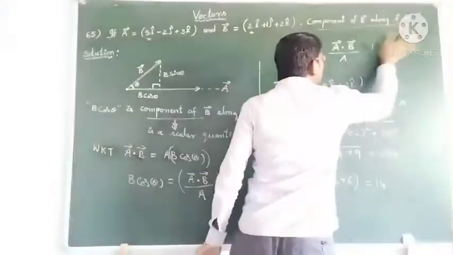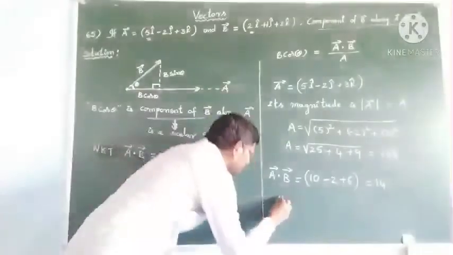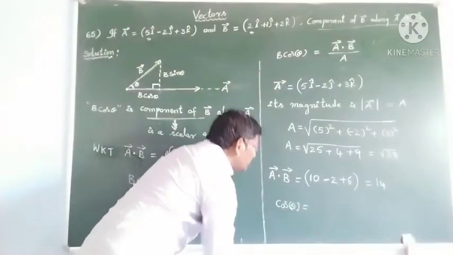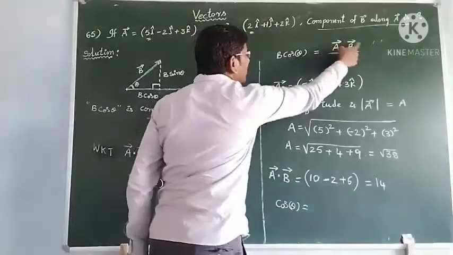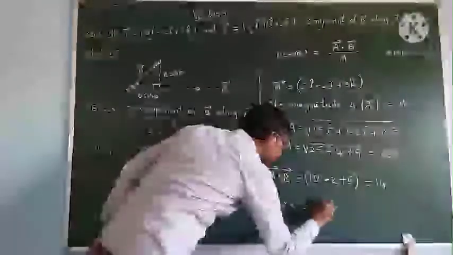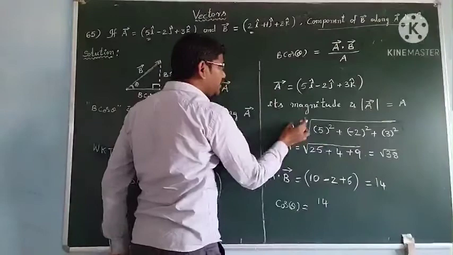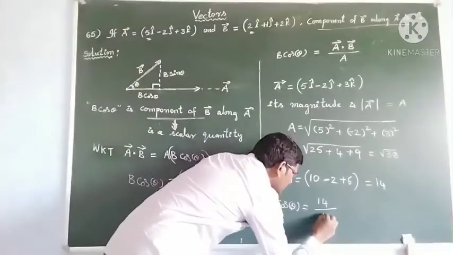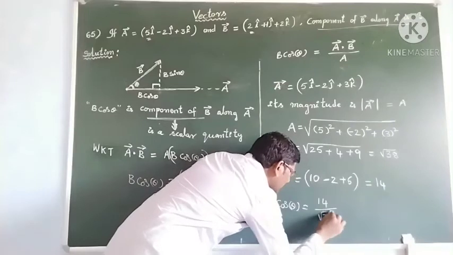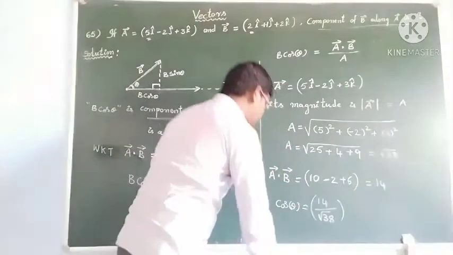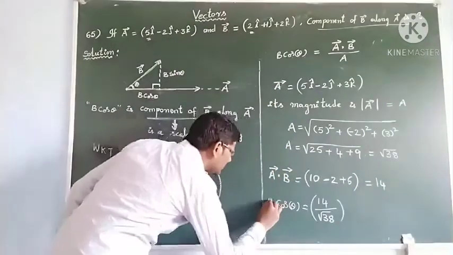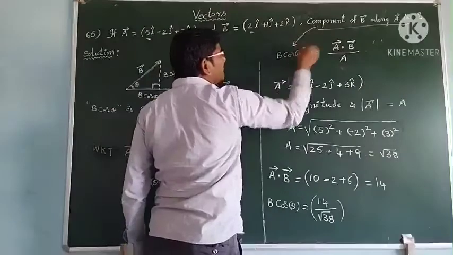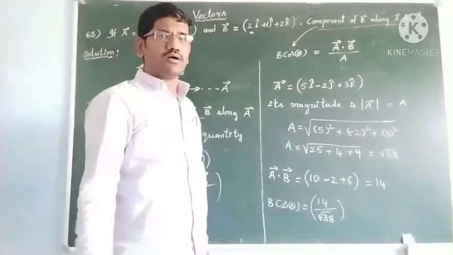Otherwise you can write cos theta is equal to A bar dot B bar by magnitude of A, that is 14 by root 38. So this is the B cos theta value. This B cos theta is the component of B bar along A bar.